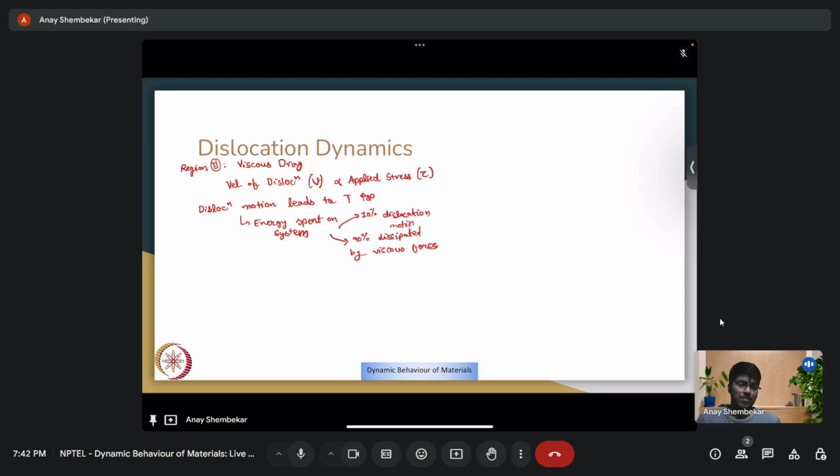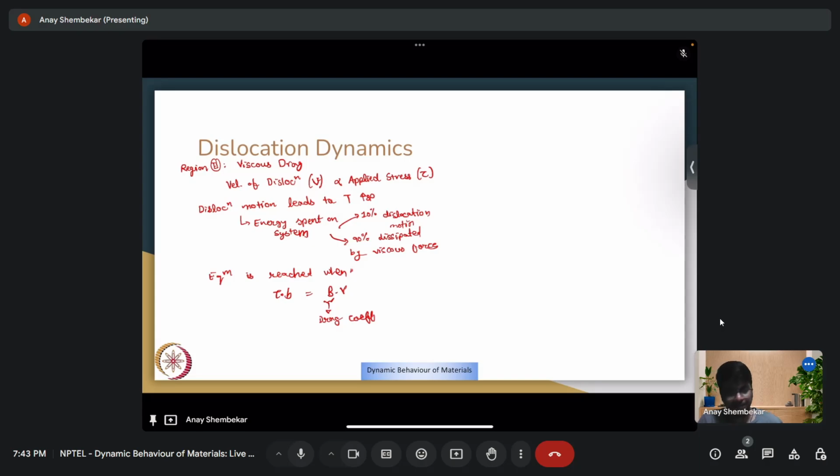Right. So equilibrium is reached, and you have two forces, which is the applied stress tau times the Burgers factor, capital B being the drag coefficient, and V being the velocity.